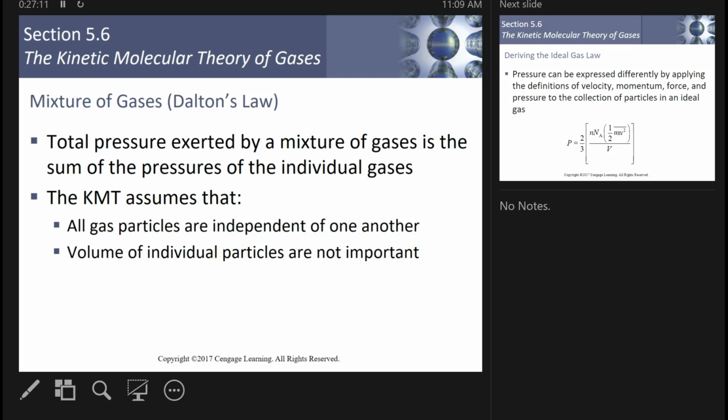All right. So KMT, which is kinetic molecular theory, assumes all particles are independent of each other, which means they're not in any way affecting or influencing each other, and the volume of a single individual particle is not important. Those are the general assumptions that apply to all the postulates.